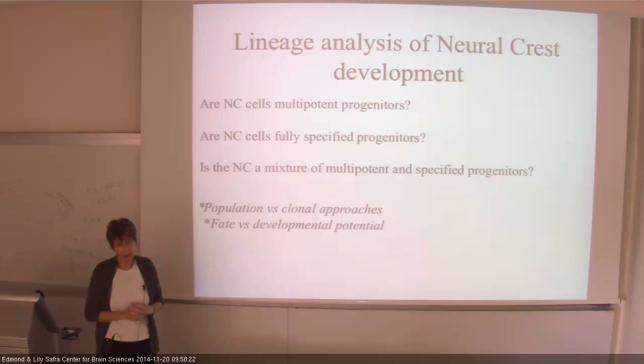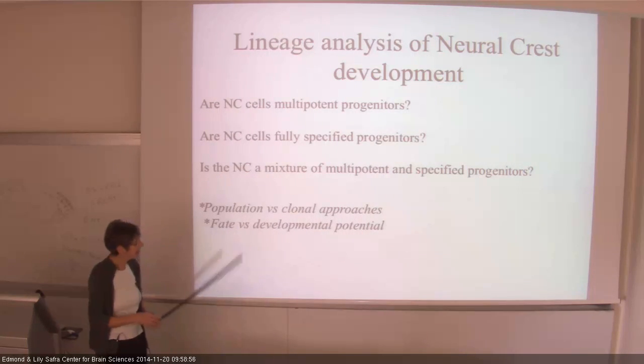One of the basic questions, again in development, of all the systems is whether a particular progenitor at any time is committed to become a certain derivative, or whether all the way, and I'm presenting you the two extreme possibilities, whether all the way until colonizing its organ or its target organ, is it a multipotent cell that is able to be changed by the environment.